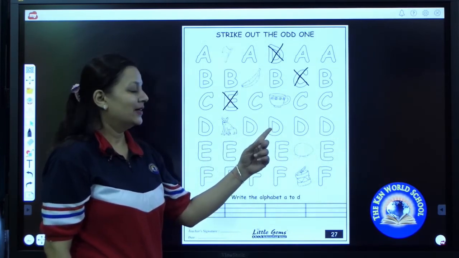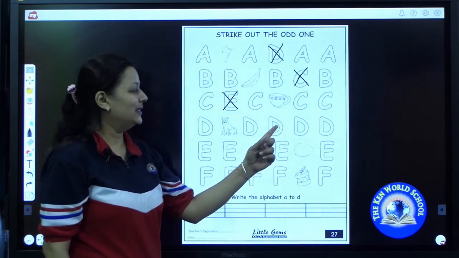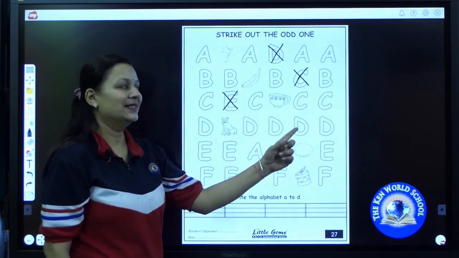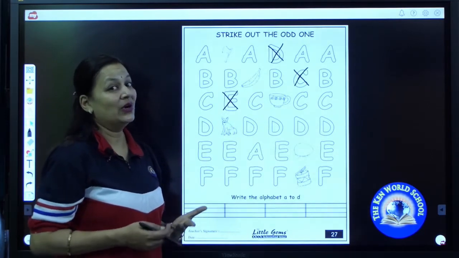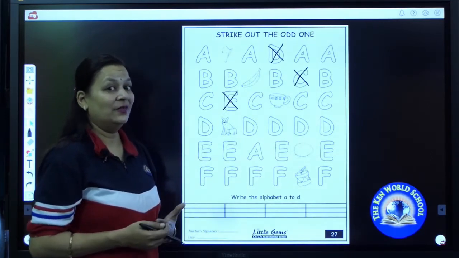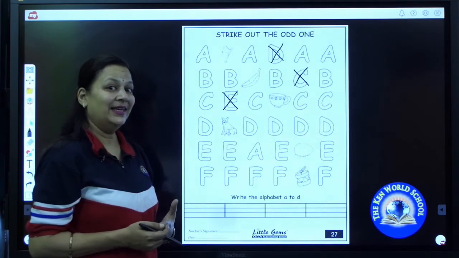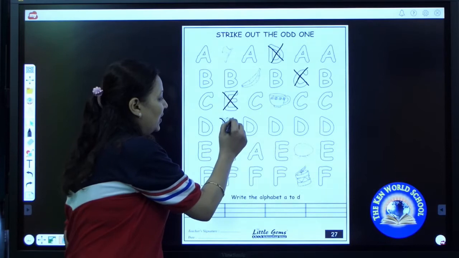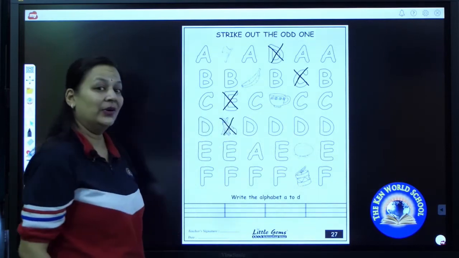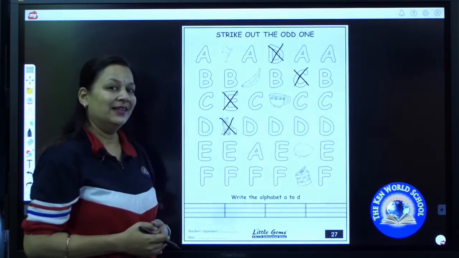D. Again it's D. Which letter is this? D. Again it's D. Now this is the row of D. Which is the different one? Yes, it's F for fox. Put a cross over it. Are you enjoying the activity?